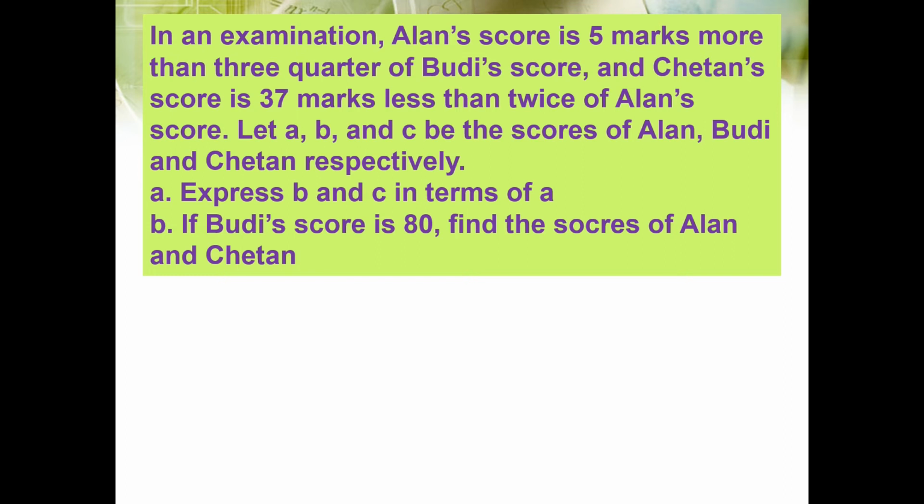Okay, how to answer this question? You can translate the first sentence into the equation, into the algebra. Change with the variables. For example, Alan's score, it means A, equals 5 marks more, 5 plus 3/4 of Budi's score.